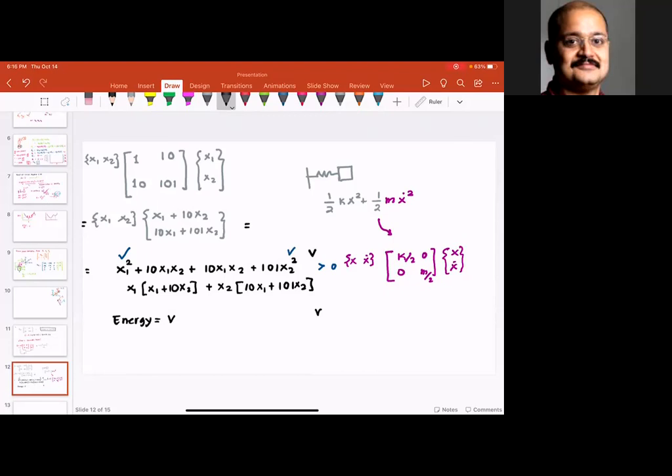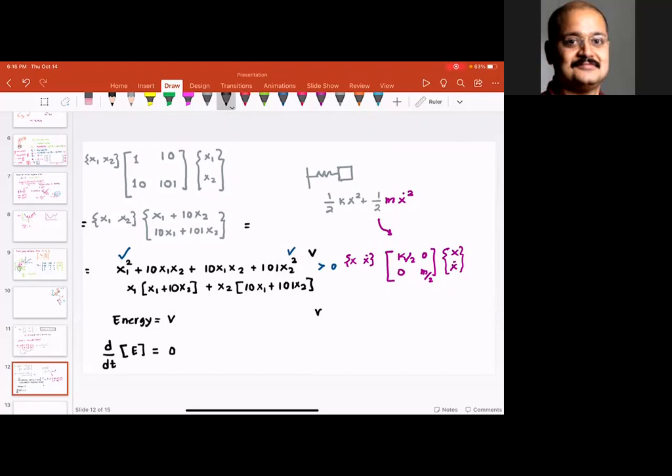So we take the derivative of energy. There are three cases that are possible. The derivative of energy is 0, which means the energy is neither changing, so it is not increasing or decreasing. So the system is simply stable.